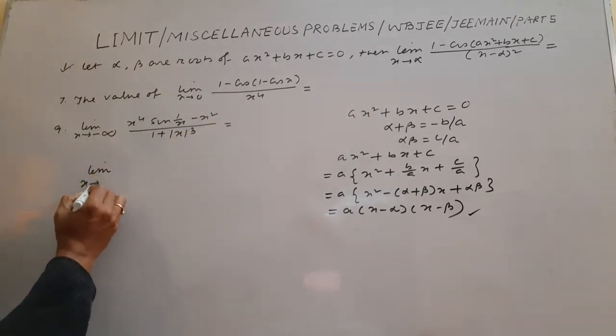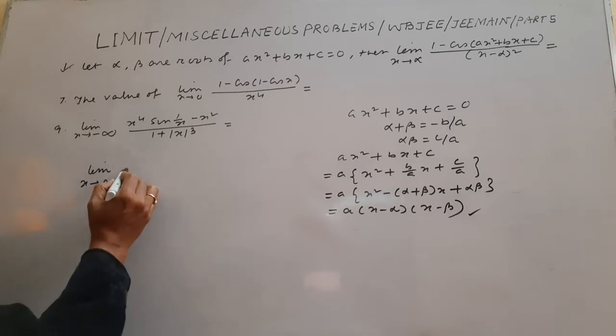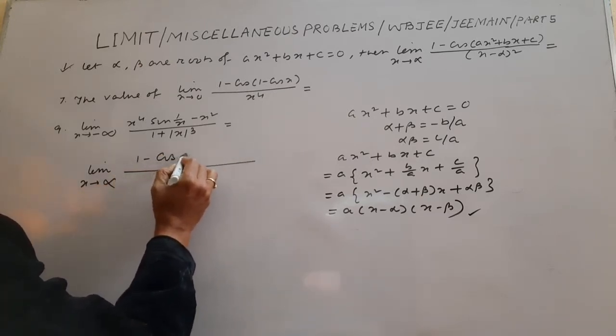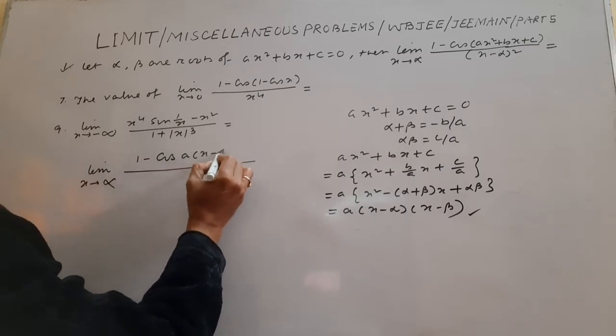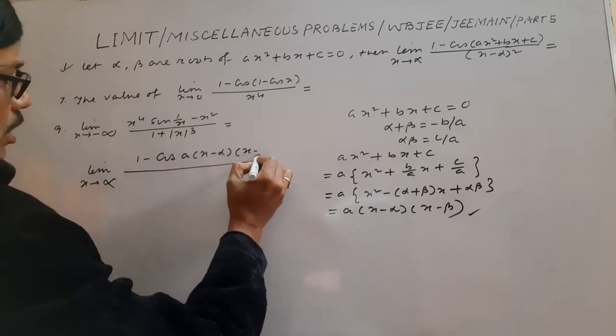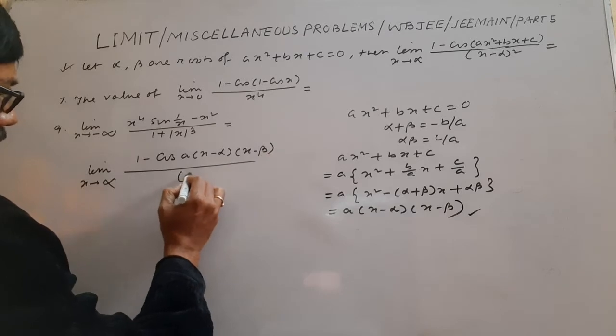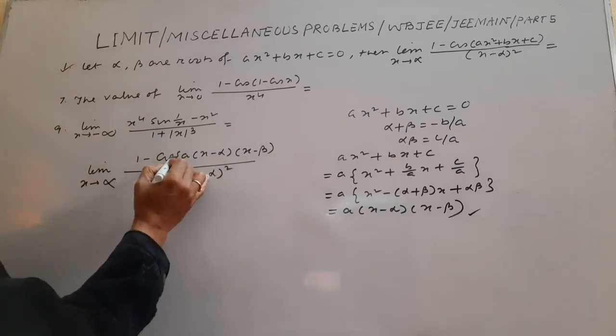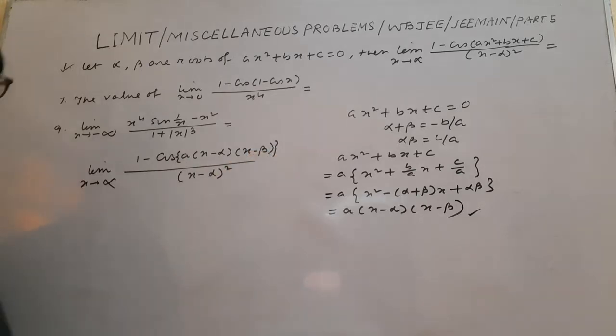Limit x tends to alpha of 1 minus cos of a into (x minus alpha)(x minus beta), by (x minus alpha) whole square. This is the argument of cos.